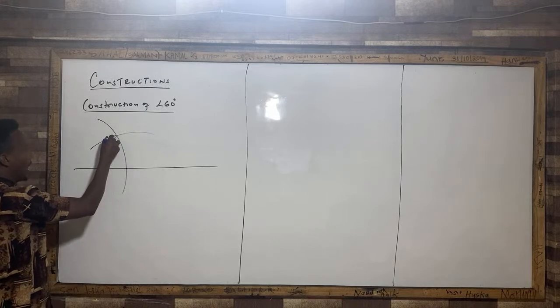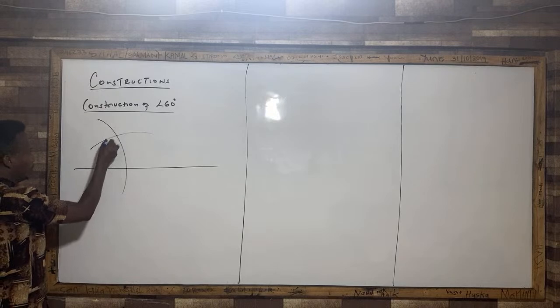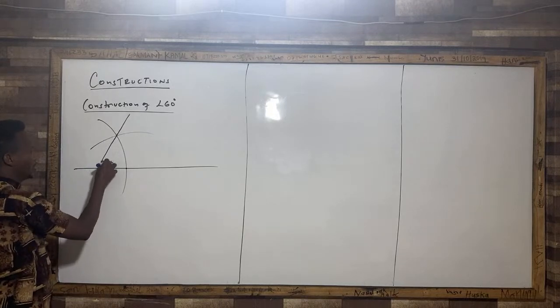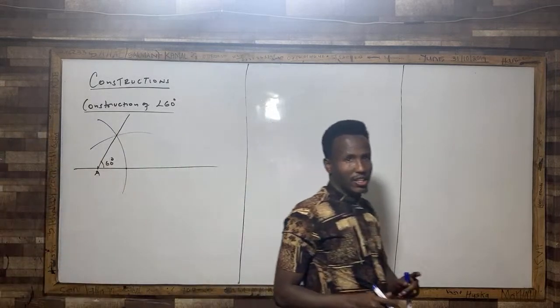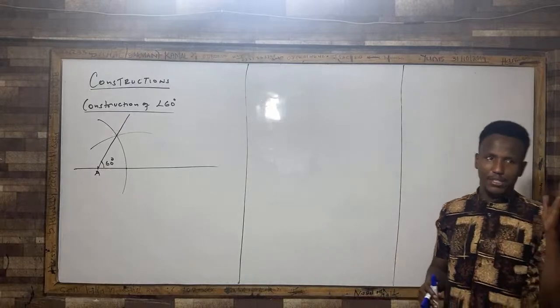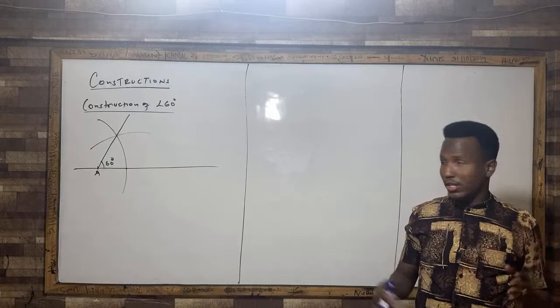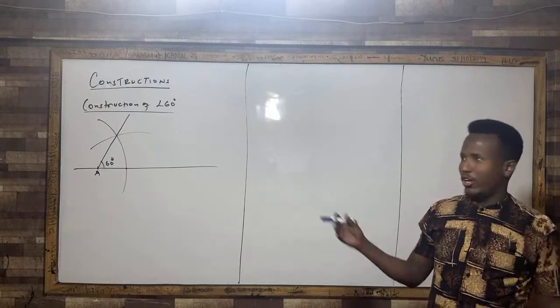Where the 2 arcs meet, when you join this point to A, that will give you an angle of 60 degrees. So this is how we are going to construct an angle of 60 degrees. Just understand, please. It is very, very easy. And mostly this will be part of the question in KCSE or any other exam.